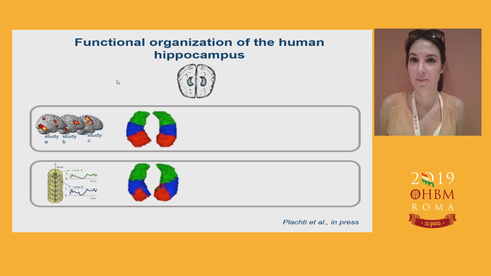And this pattern that the clustering highlights in the data actually converges with another approach from some collaborators in Montreal. They use a gradient approach, a kind of PCA, in which they extract the first dimension that best represents the variability in the connectivity profile.